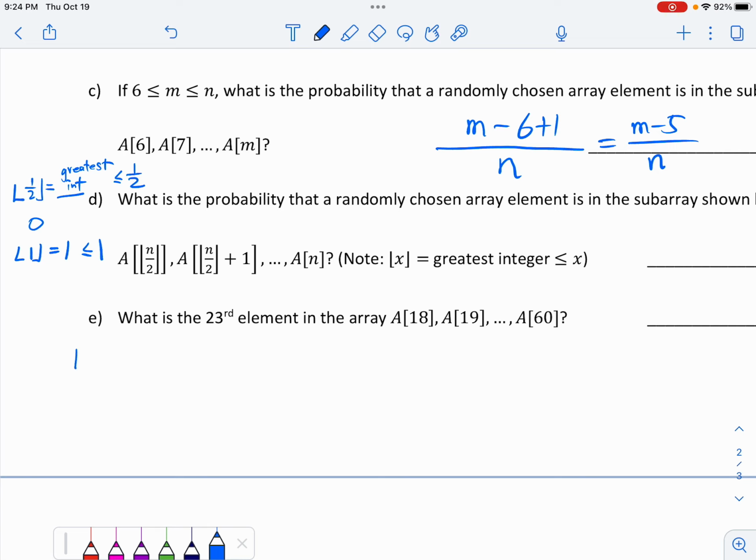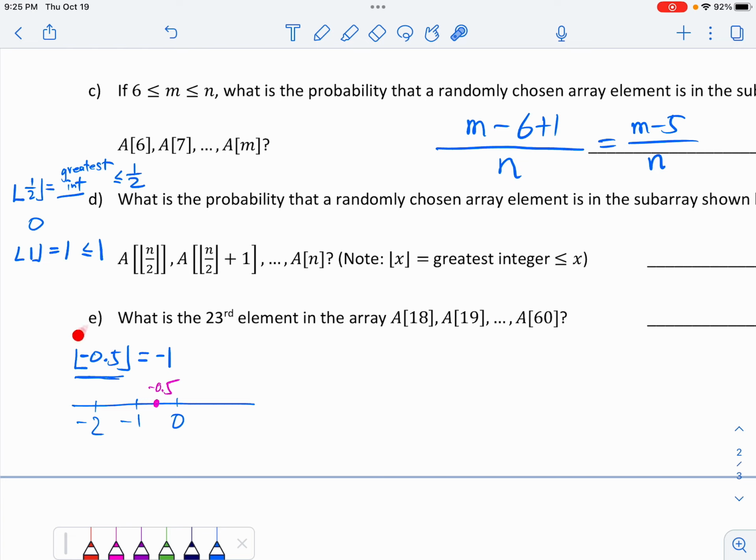Suppose you have negative 0.5. You're looking for the greatest integer that is less than or equal to negative 0.5. Suppose 0 is here, negative 1 is here, negative 2 is here. Negative 0.5 is right there. So what is the greatest integer that is less than or equal to negative 0.5? Negative 1 will be it. So therefore this will be equal to negative 1.